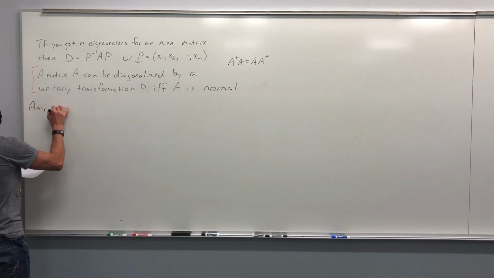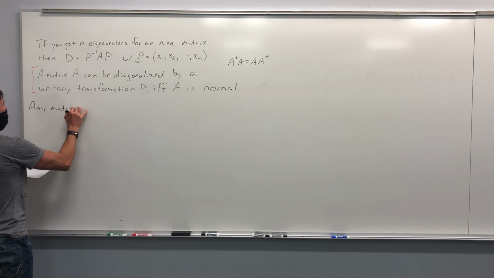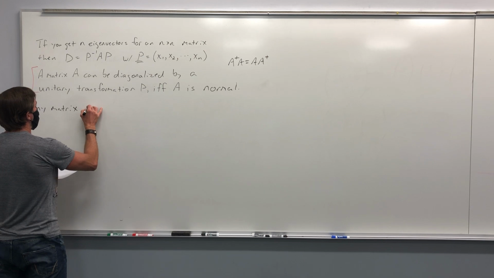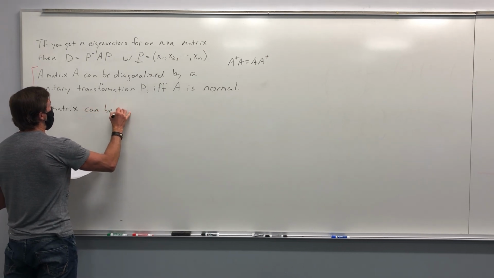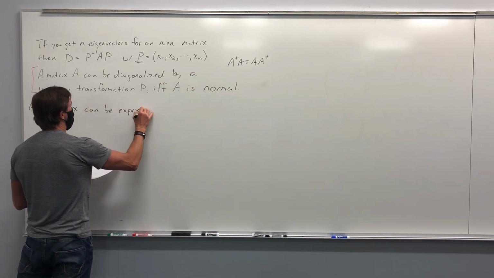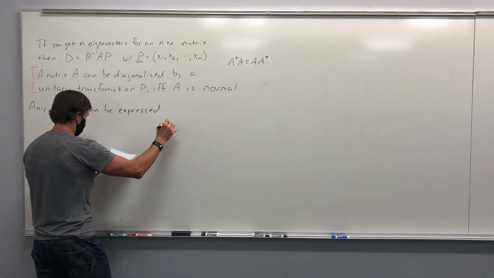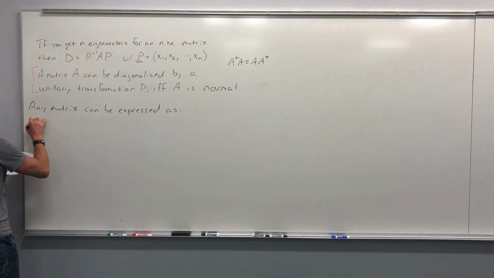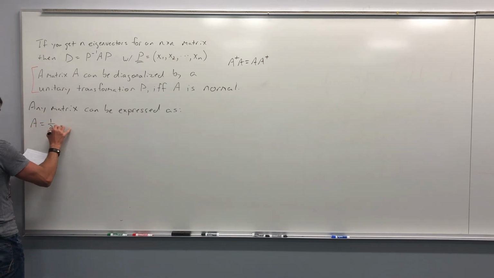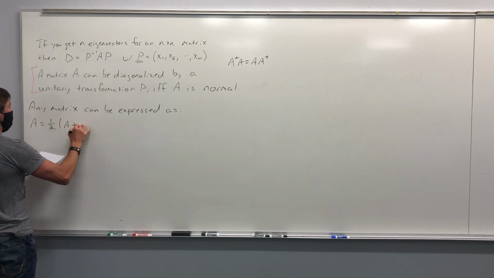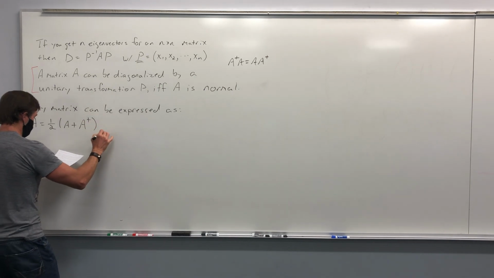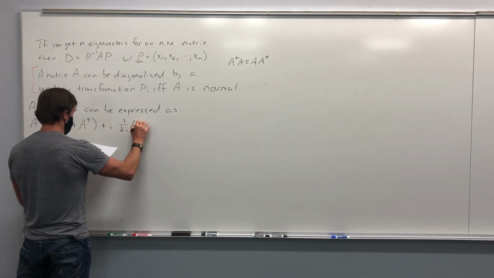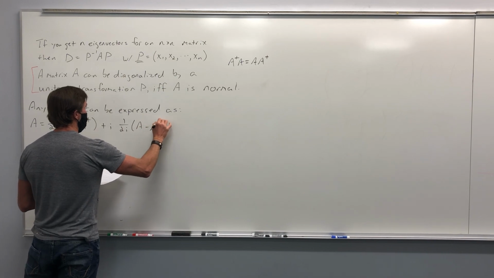Any matrix, I don't care what kind of matrix you're dealing with, any matrix can be expressed as A equals 1/2 (A plus A dagger) plus i times 1/2i (A minus A dagger).